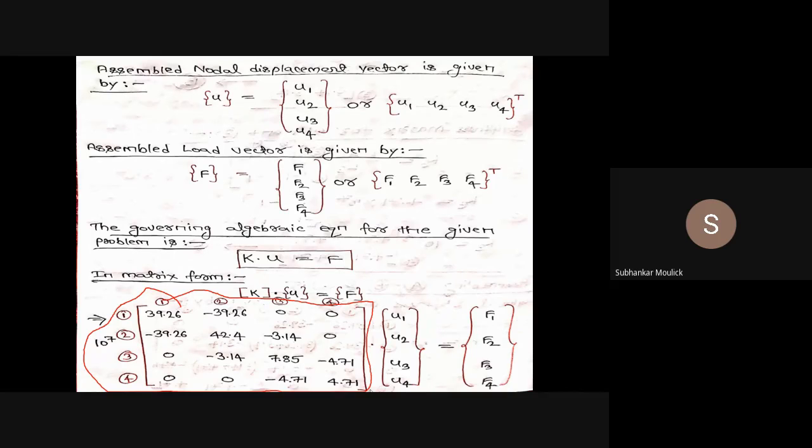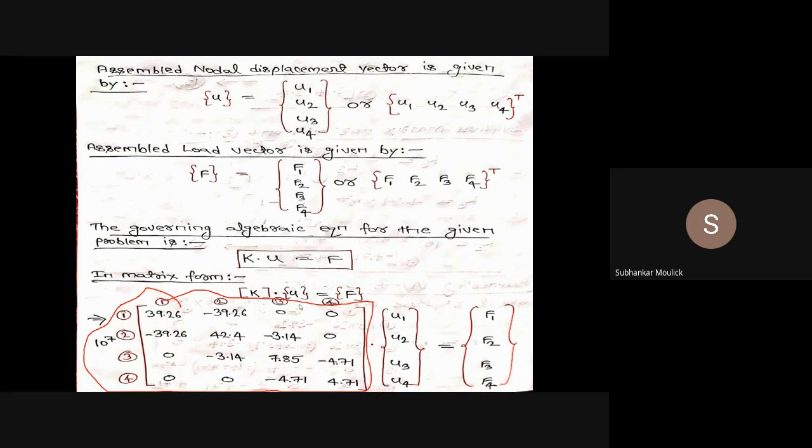Now I know that the governing algebraic equation for the problem is nothing but K into U equals F. K is the stiffness matrix, U is the global nodal displacement vector, and F is the global force vector.